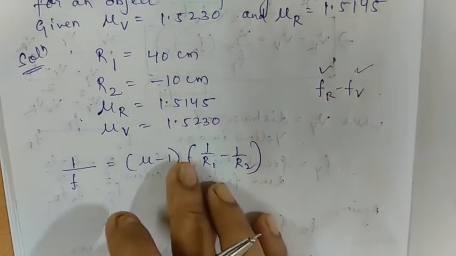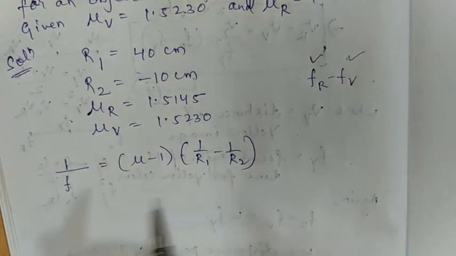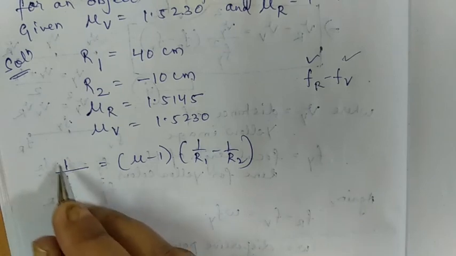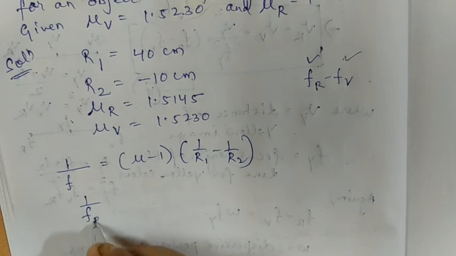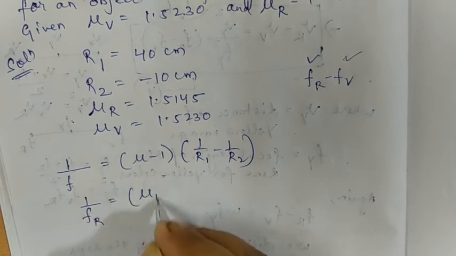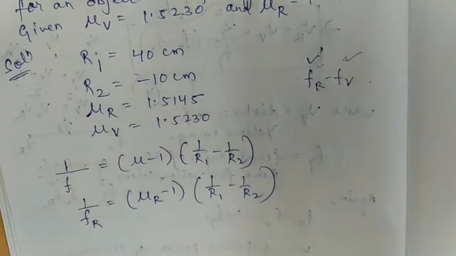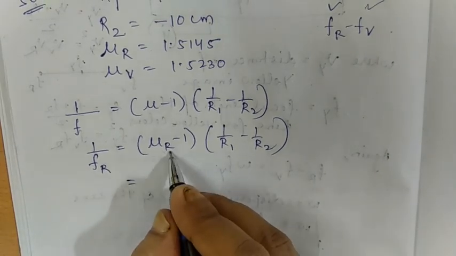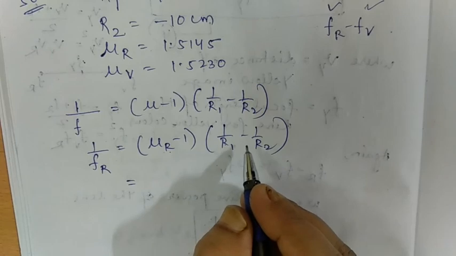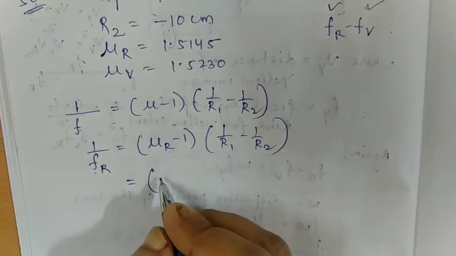As you're considering two colors, red and violet, we can express this equation for the red color as 1 by Fr is equals to mu r minus 1 into 1 by r1 minus 1 by r2. You have these values, and you can put these values and calculate Fr. So we'll put these values over here.